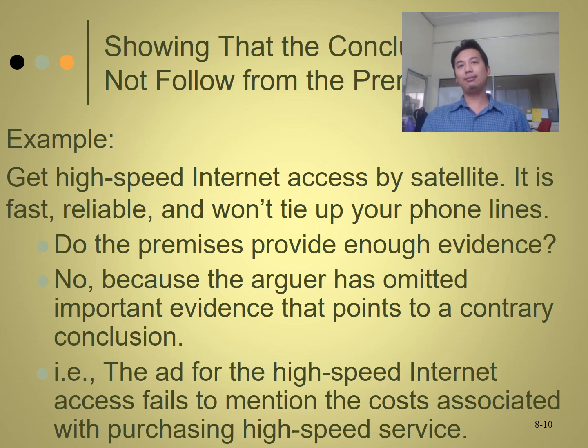If we look at this premise, that it's fast, reliable, and won't tie up your phone lines, it's not really good evidence to actually prove that we should get high-speed internet access by satellite.